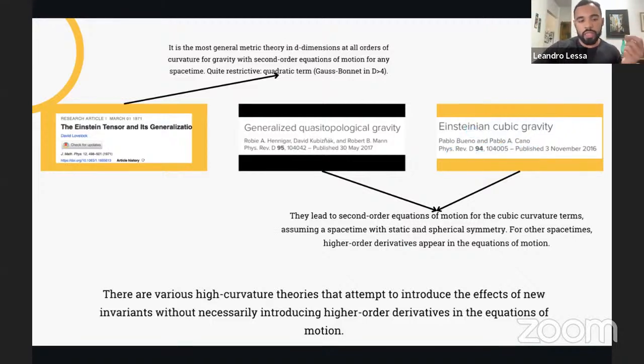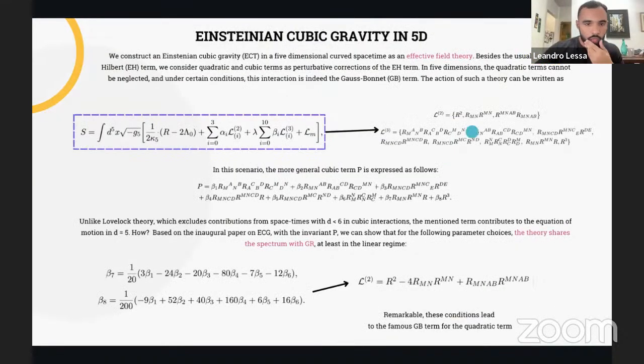So there are many high curvature theories that attempt to introduce the effect of new invariants without necessarily introducing higher order derivatives in the equations of motion. What we propose here is to generalize Einstein-cubic gravity to warped space-time. What we do here is construct Einstein-cubic gravity in a 5-dimensional curved space-time as an effective field theory.